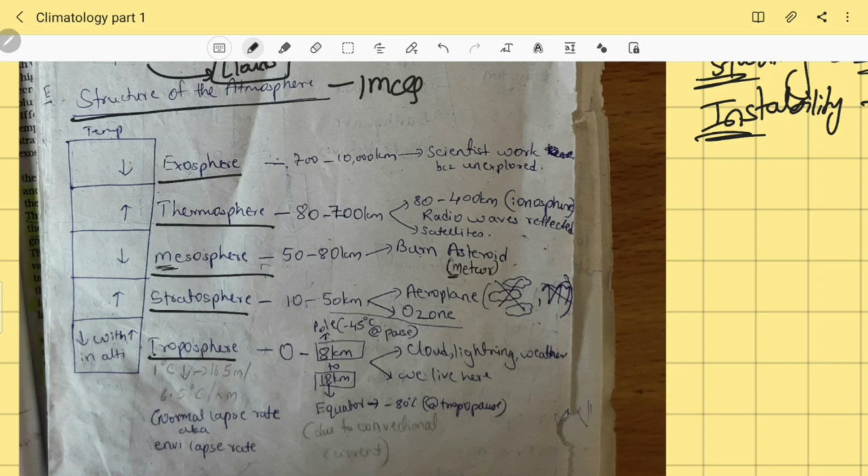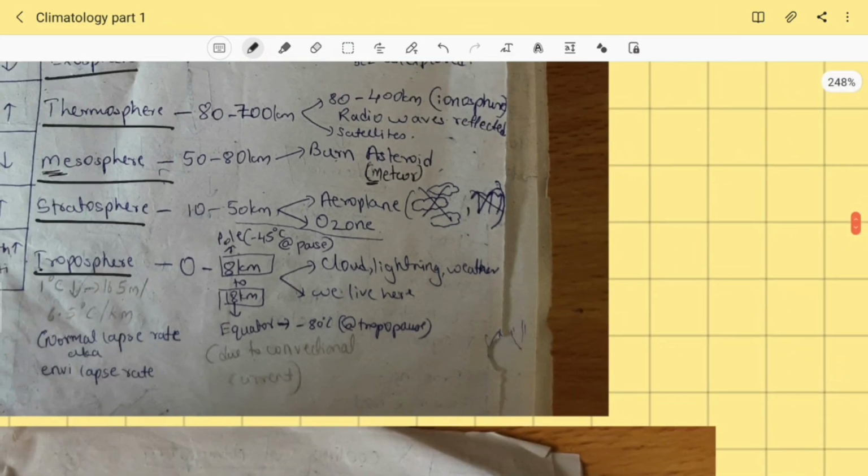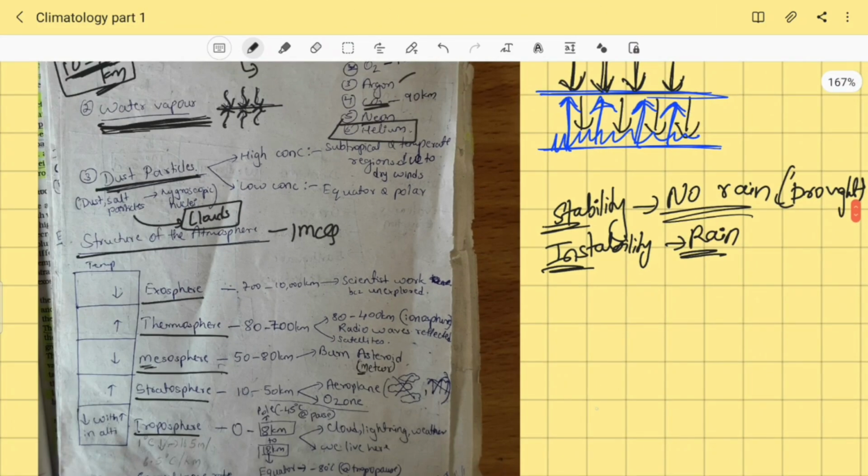So troposphere is that area from ground till 10 kilometer above the surface of the earth. So this 10 kilometer is different towards the pole and different towards the equator. Why? See, this is the earth.